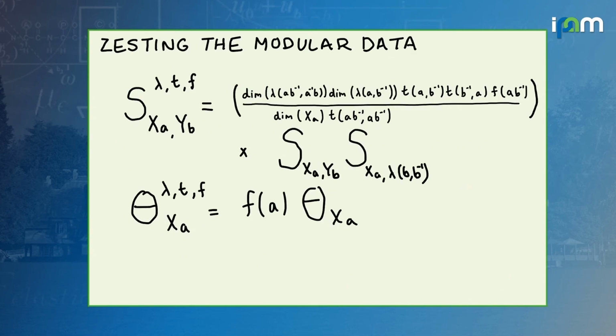So what's nice about zesting is that it's really easy to say what happens to the modular data. I say easy, but maybe that first formula looks kind of scary. But what you see happening is that you choose some data, you zest your modular data, and it's going to be related to the old modular data by some scalar factors, some phases that only depend on the zesting data and the grading group that you chose, the gradings of simple objects.